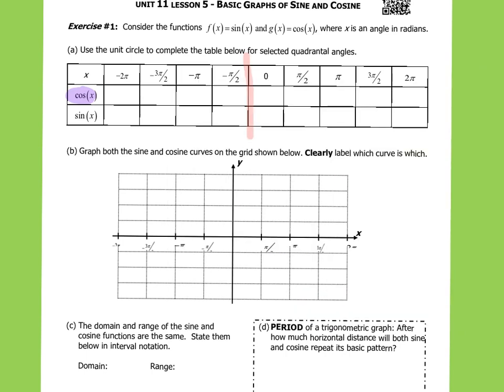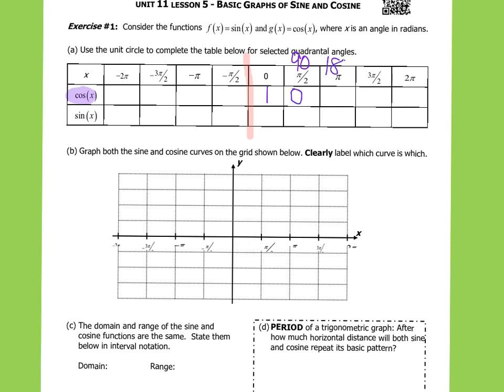So, what is my cosine of 0 degrees? Well, it's 1. What is my cosine of pi over 2? Well, you can look at your unit circle, but I like to convert these to degrees just because I am more comfortable with degrees. So that's 90 degrees. So what's your cosine there? It's 0.